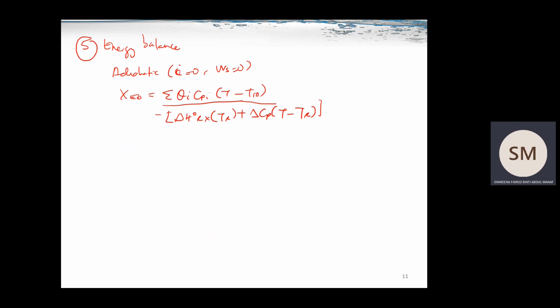Okay, T pun dia dah beri juga, T dia tak beri, kita kena cari. Okay, so you kena cari all this kind of information. Okay, so starting from, kita settlekan this one. Okay, so sum of theta I CPI is equal to, alright, CPA plus with the theta B CPB plus with the theta M CPM.